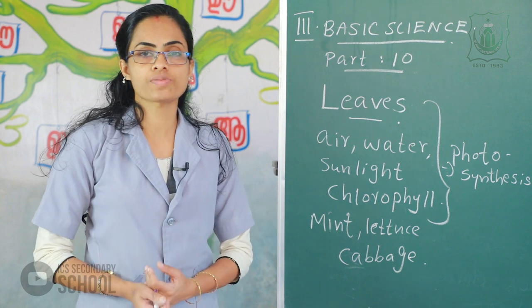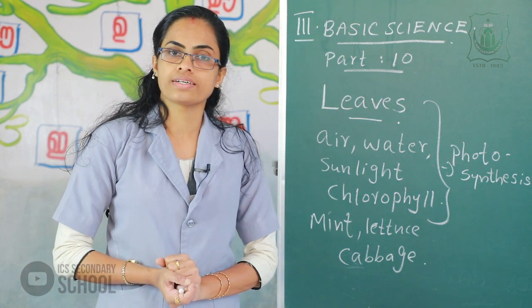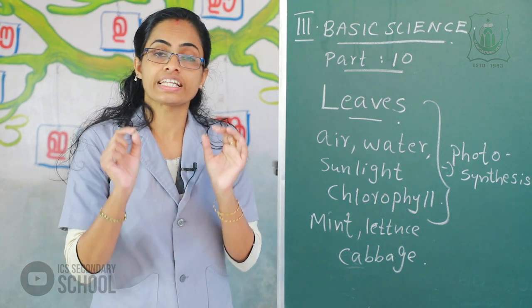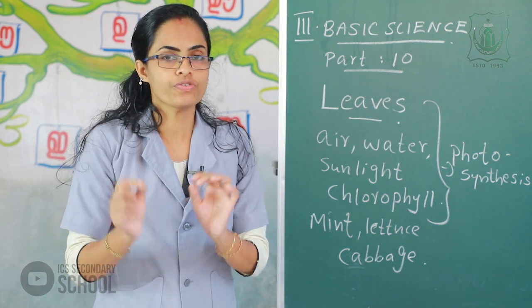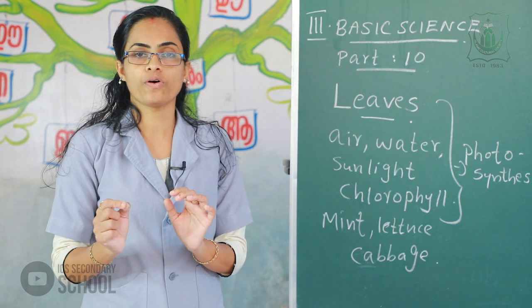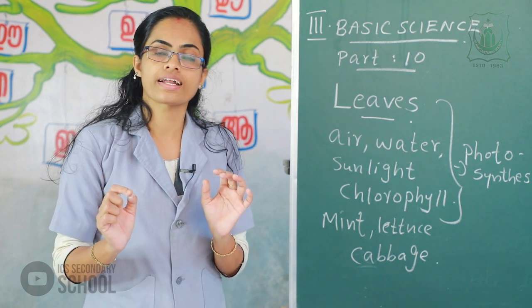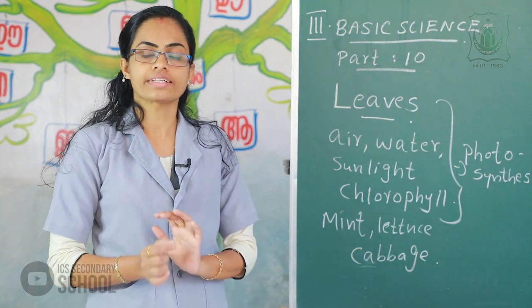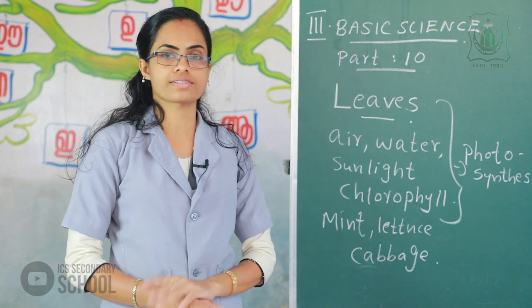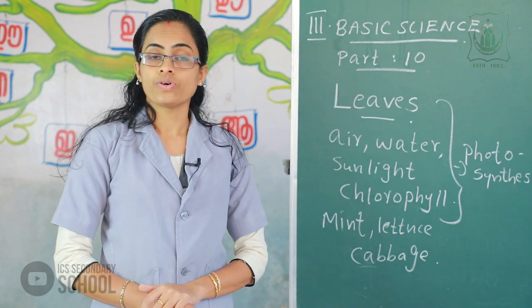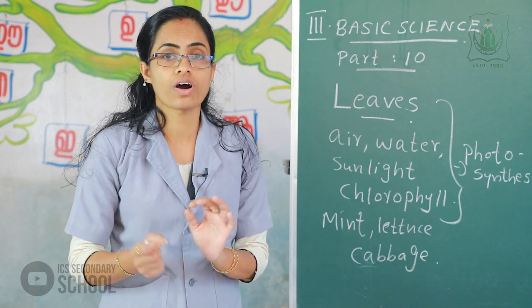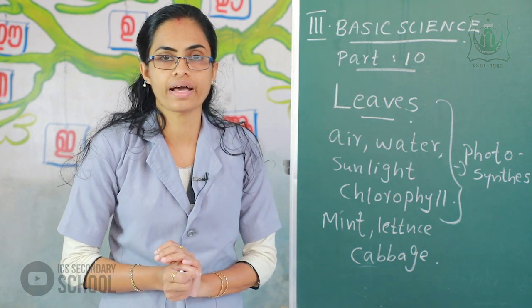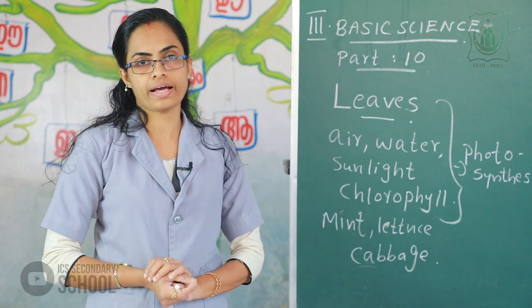Then I repeat once more, what is photosynthesis? The leaves make food for the plant with the help of air, water, sunlight and chlorophyll. That is called photosynthesis. So the leaves are called the food factory of the plant or the kitchen of the plant.